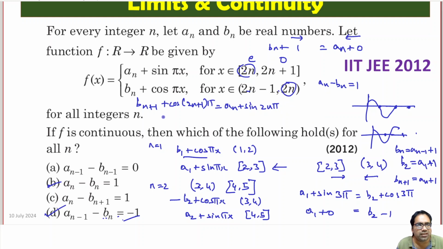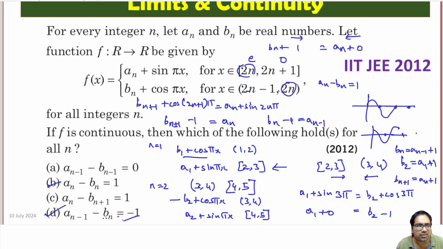Okay. So bn plus 1 plus cos odd pi, that is minus 1, is equal to an plus sine pi. Sine pi is equal to 0. What does that mean? bn plus 1 minus 1. Instead of n plus 1, if you put n, then bn minus 1 should be equal to an minus 1.